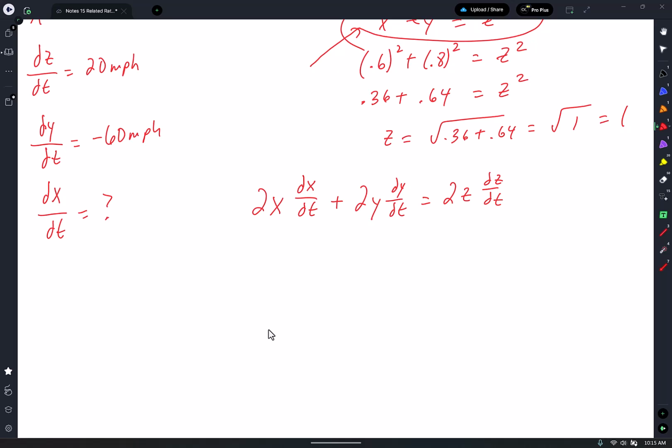Is z a t? No. I'm not changing the variables. I'm taking the derivative with respect to t. It's like chain rule. X squared, and I'm taking d dt. So the derivative of x squared with respect to t is 2x, leave the inside alone. And then what's the derivative of the inside with respect to t? dx dt. 2x dx dt.